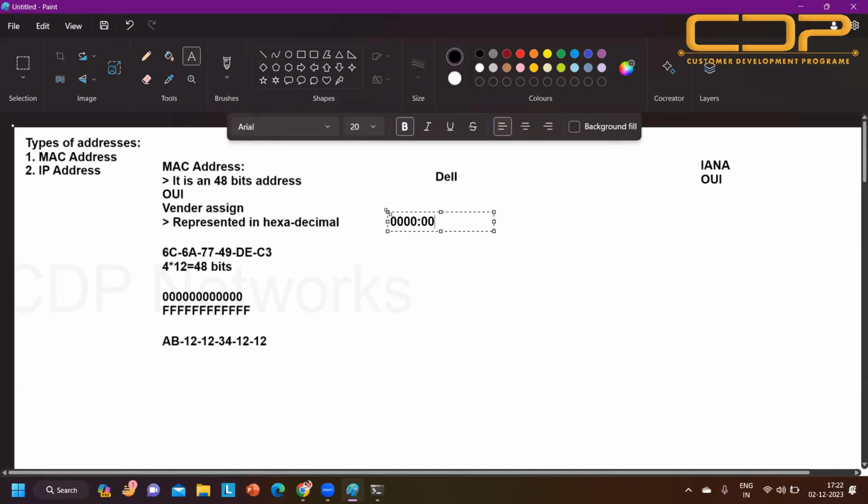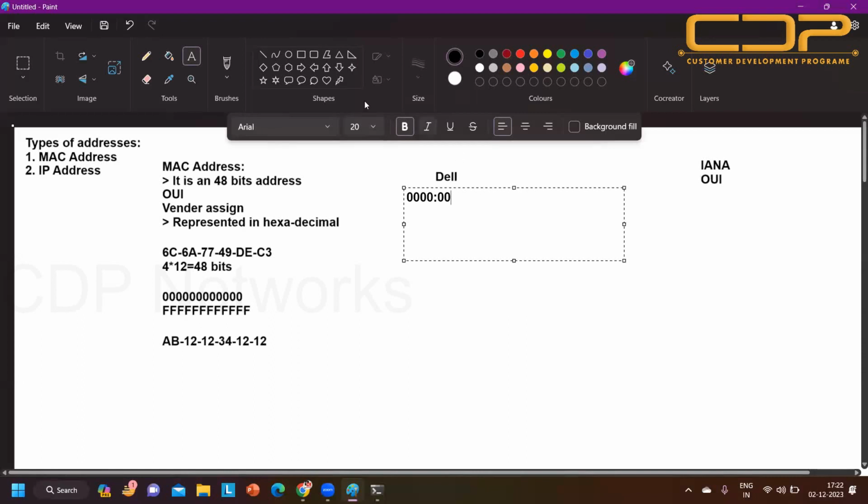This is the OUI that they have just purchased from IANA. Now they need to design one MAC address for their first laptop or their first NIC card. So what will Dell do? Dell will decide the last 24 bits of this MAC address. Who decides the first 24 bits? IANA, that is the OUI, and the last 24 bits will be decided by the manufacturing company.